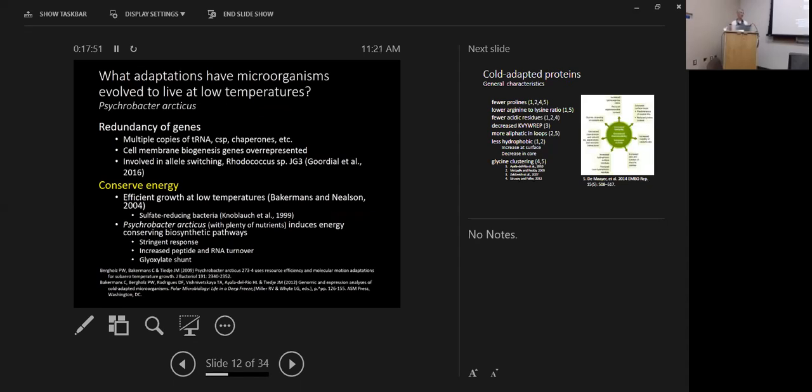So when you compare the temperature at which their growth yield is at a maximum, it's about 10 to 15 degrees lower than the temperature at which their growth rate is at a maximum. So they're much more efficient at those low temperatures. That's also been documented in some sulfate-reducing bacteria as well. And when we look at gene expression, we can see that there are various energy-conserving pathways that are induced as well at the low temperatures.